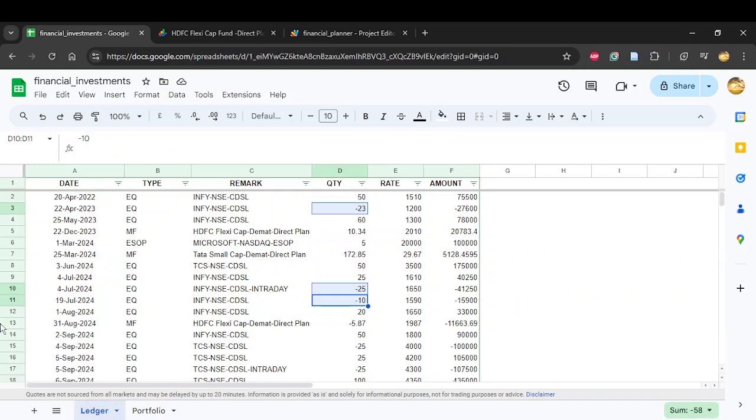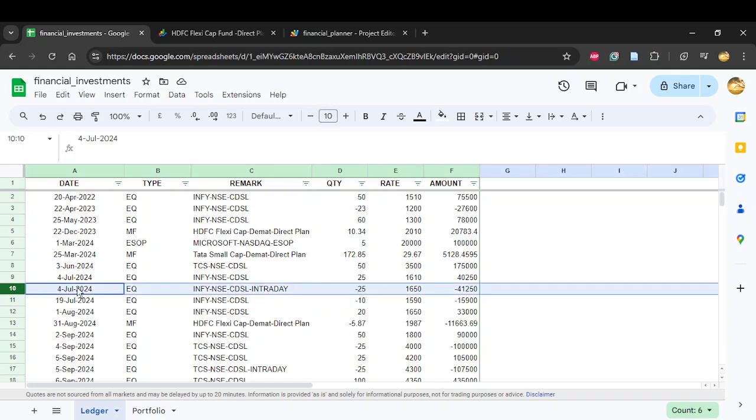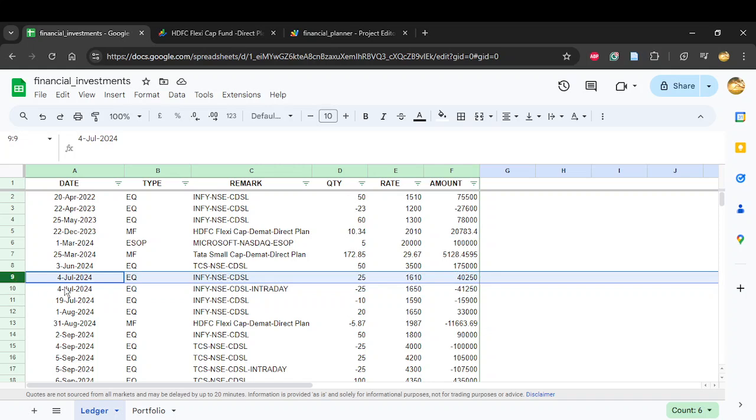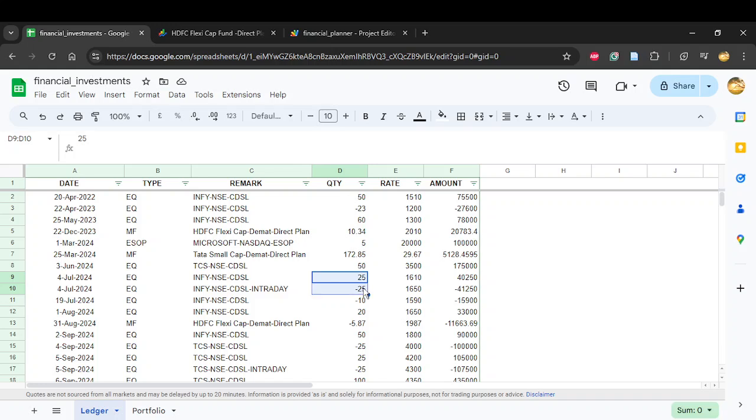Also, for the shares that were sold, you can have a quick check for the intraday sales. I purchased some stocks for Infosys on 4th July, and I sold some stocks for Infosys on 4th July itself. So the total quantity is matching for both the purchase and the sale.